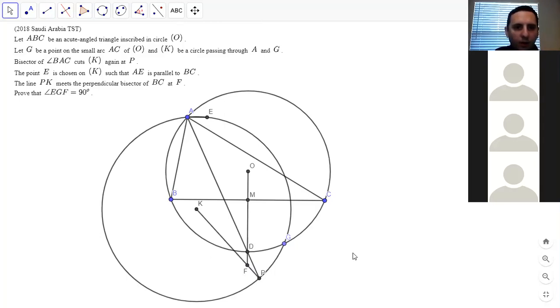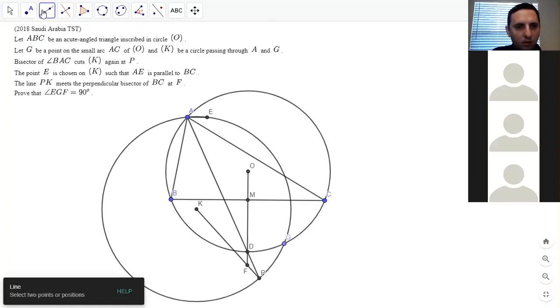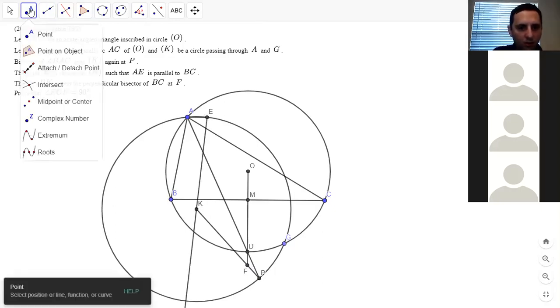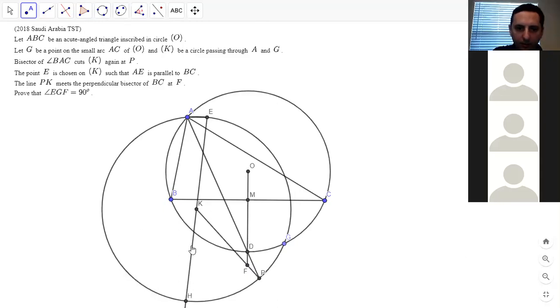Wait, where does point E go? Oh, never mind. I intersect EK with the circle. Yes. Circle with center K. So we have EH as a diameter.